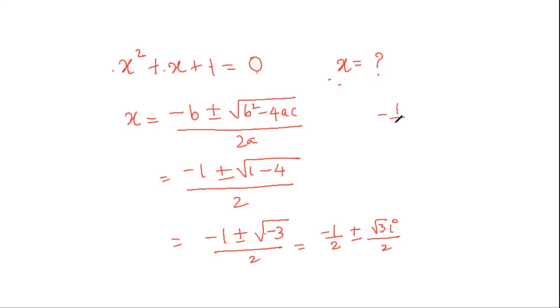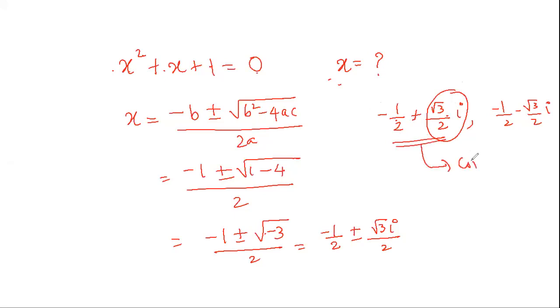So this number is like this. It has got a real part, minus half, and it has got an imaginary part. This is one number, and this is another number. Neither is it a real number nor an imaginary number. This much alone is called an imaginary number. This is called a real number. A real number plus an imaginary number, such numbers are called complex numbers. Did you follow that?